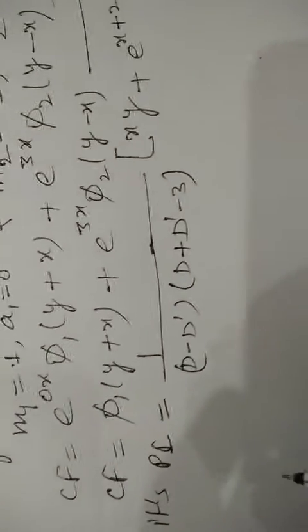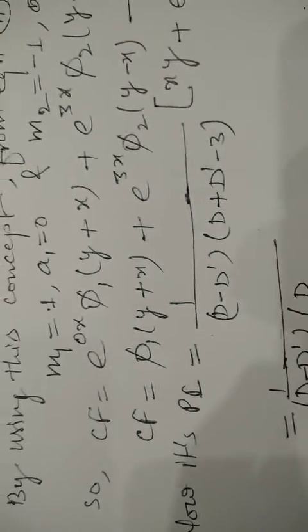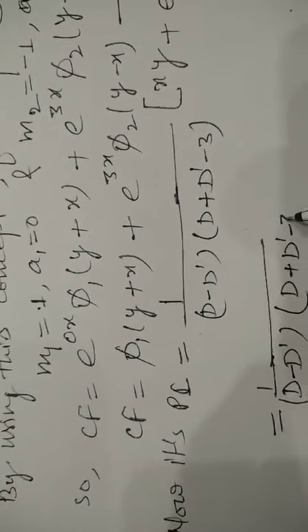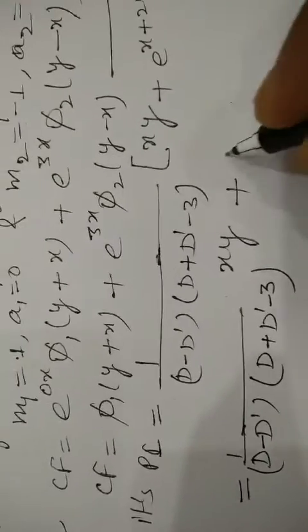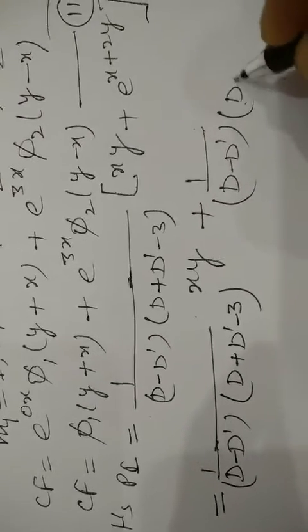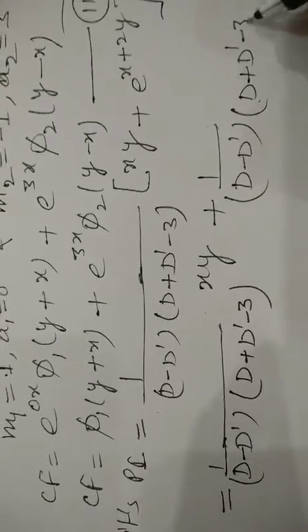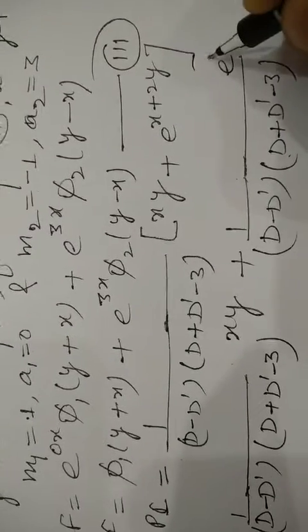So now from here it can be expressed as 1 upon (D minus D dash)(D plus D dash minus 3) into xy plus 1 upon (D minus D dash)(D plus D dash minus 3) into e to the power x plus 2y.